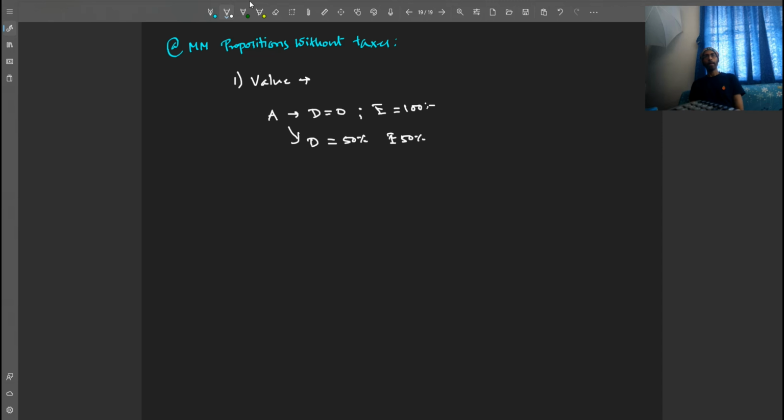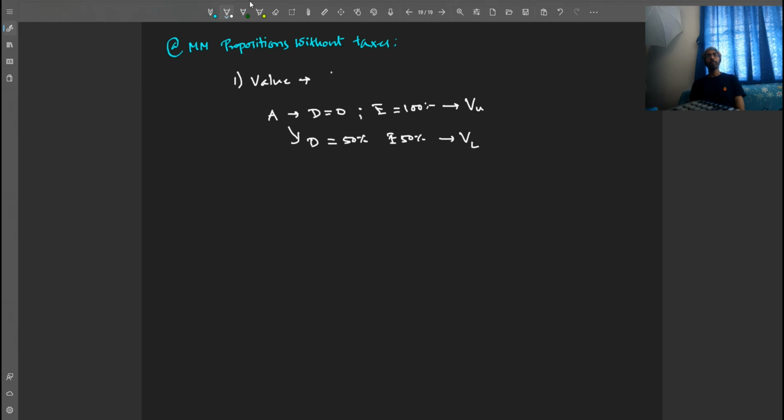Now, in the first case, let's say the value is VU, that is V unlevered, V without debt. And in the second case, let's say the value is VL, value with leverage, with debt. What Miller and Modigliani say is, value of the firm when there are no taxes is independent of the capital structure.